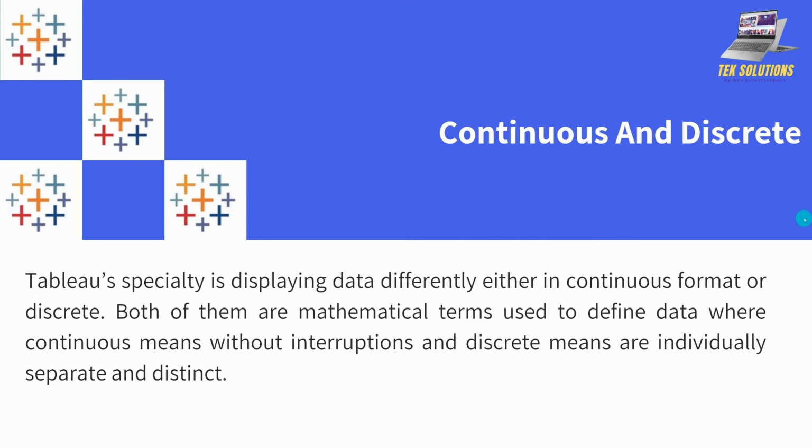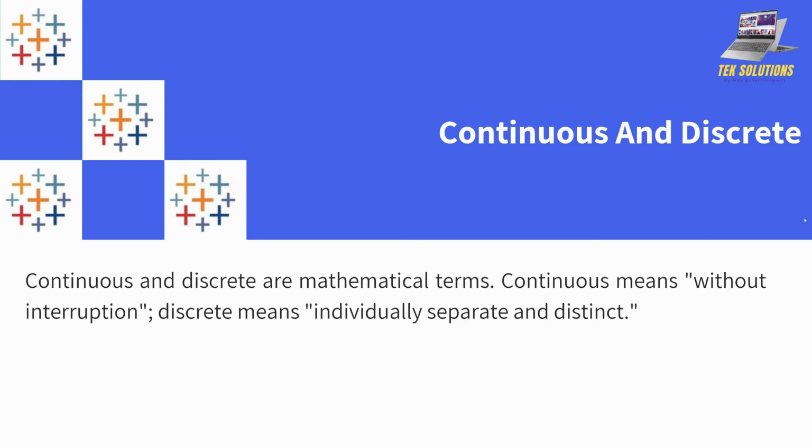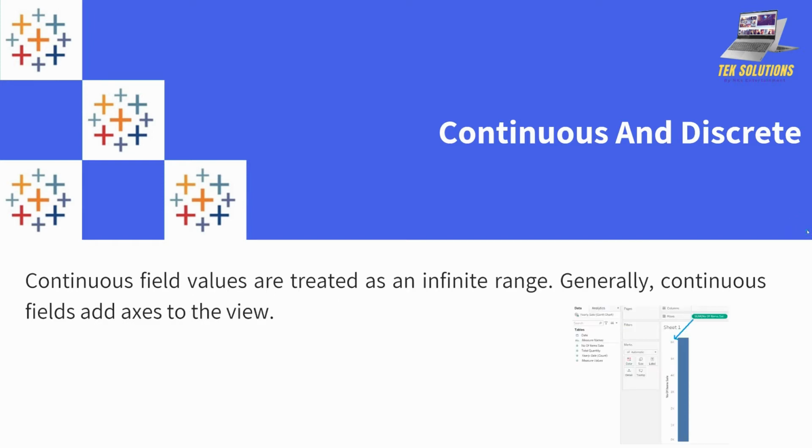Let's see them in more detail. Continuous and discrete are mathematical terms, as we saw in the previous slide. Continuous means without interruption, and discrete means individually separate and distinct. Continuous field values are treated as an infinite range. It has no limit. Generally, a continuous field adds an axis to the view.